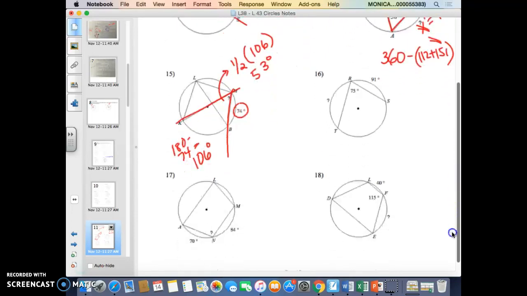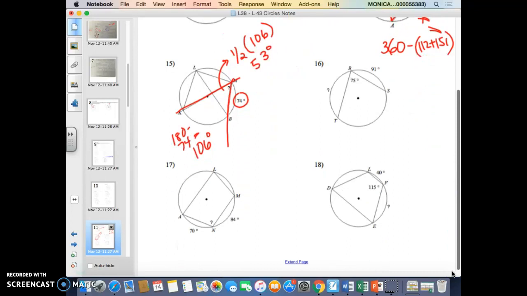16 is pretty straightforward. And number 17, again, is a shape. So you just got to look at what information you need. So you need this right here, right? So you know it's not 70 and 84, so you're going to take the whole circle, which is 360, and subtract 84 plus 70.